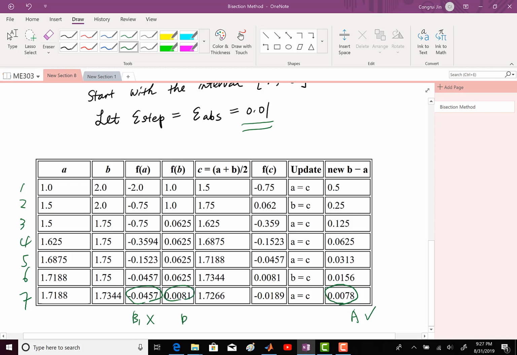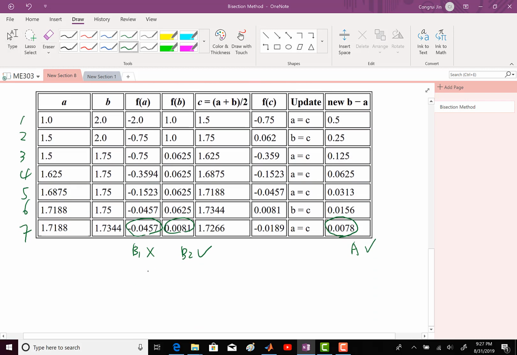So we can say B2 is satisfied. Remember that B1 and B2, only one of them needs to be satisfied. Then we can say condition B is satisfied, because one of them is satisfied here. So both condition A and condition B are satisfied, then we can halt the iteration process.